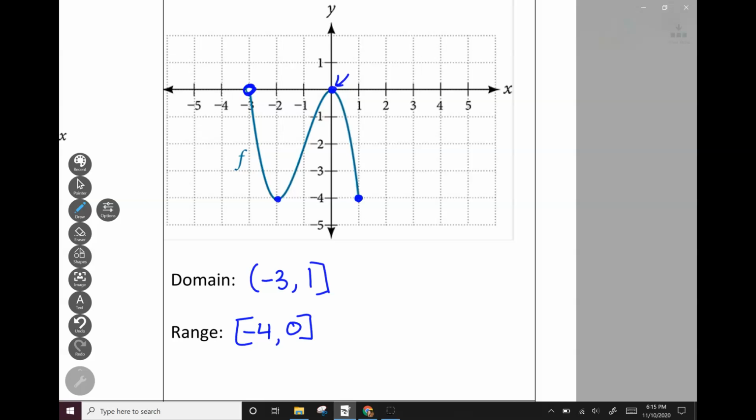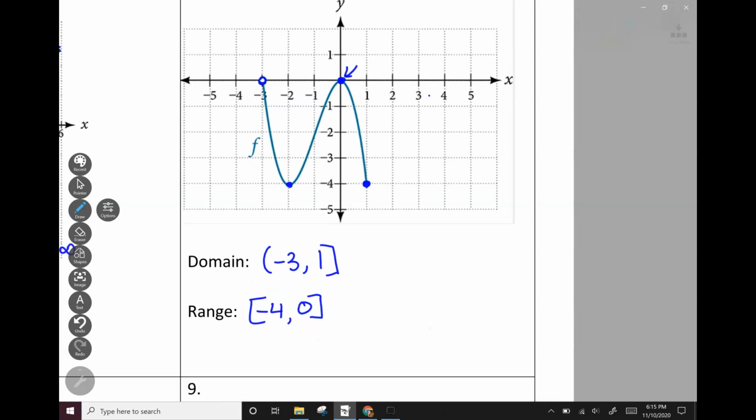Because I have a point that has 0 as the y value, that will be included in the range. It overrides that point at (-3, 0), which is an open circle. Okay, so the 0 is included because of this point at (0, 0).